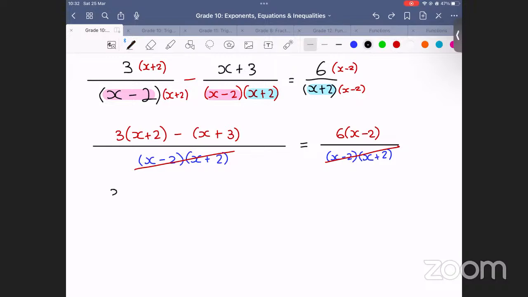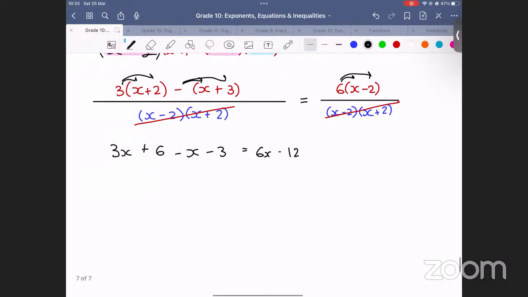So now we open up the brackets and we simplify. We distribute: 3x plus 6 minus 1 becomes minus x minus 3, is equal to 6x minus 12. Okay, let's group like terms.